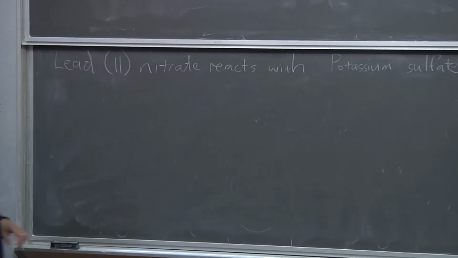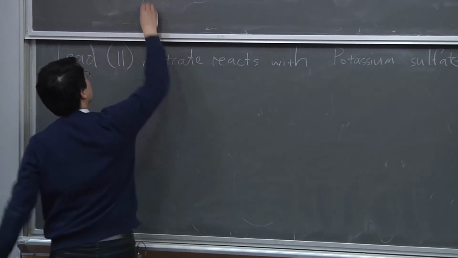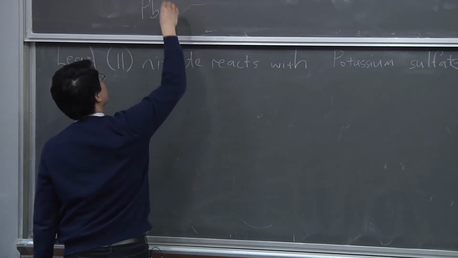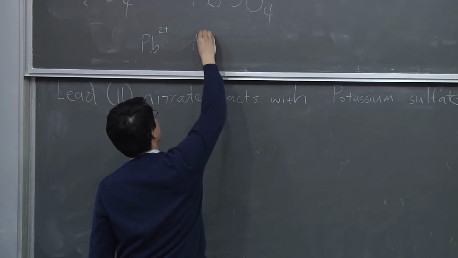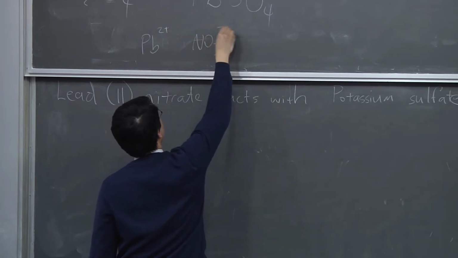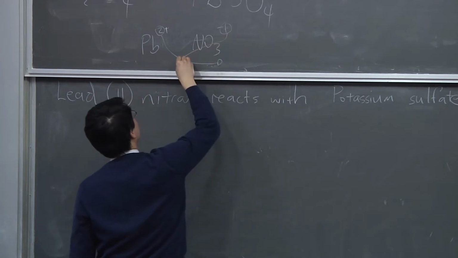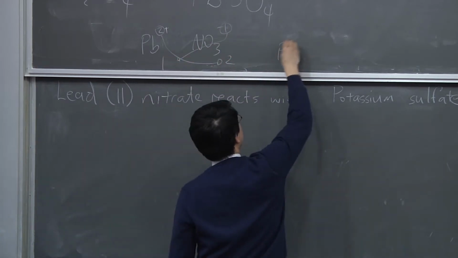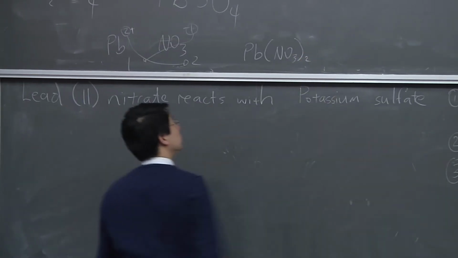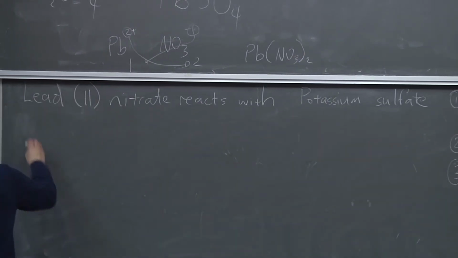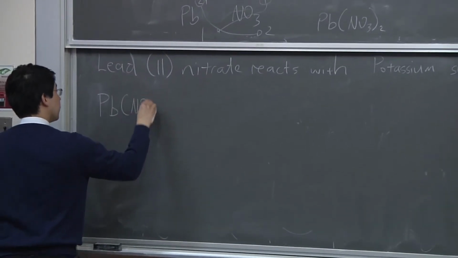Okay, so the first thing you need to do is know what lead 2 nitrate is. So lead 2 means we have Pb, what charge? Plus 2, right? So we're going to have Pb2 plus, and nitrate, you need to know what nitrate is. NO3 and what charge? Minus. So we're going to do our crossing over, and we're going to get Pb(NO3)2. Is that soluble or insoluble? Soluble.